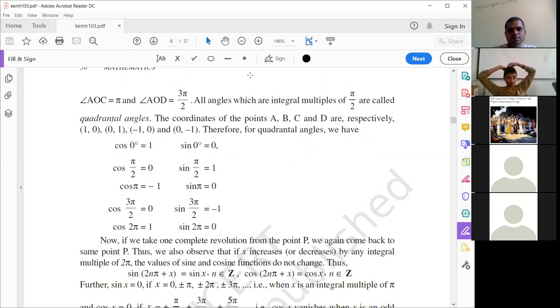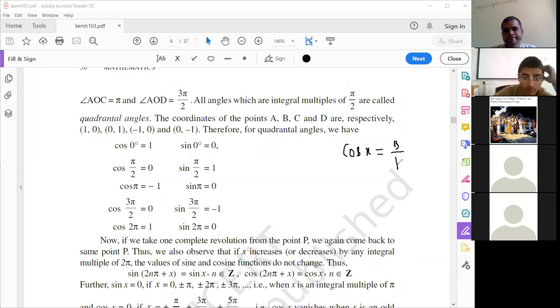So here are some results. All of you already know that cos x is equal to B by H. So what will cos 0 be? cos 0 is 1. Yes, cos 0 is 1.